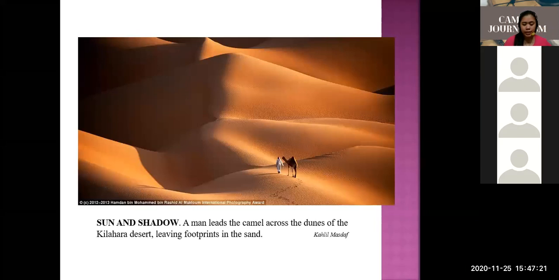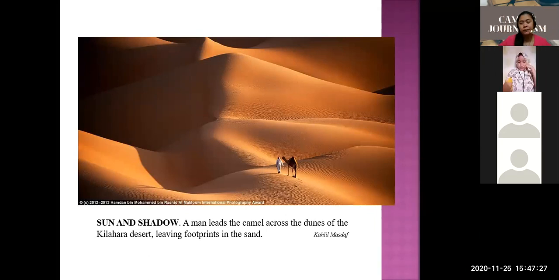Like this example here. This picture is about sun and shadow. That's the title, the catch line of the photograph. You can use any catch line, something catchy that will depict or describe the whole picture. And then followed by the body: A man leads a camel across the dunes of the Kalahari Desert, leaving footprints in the sand.